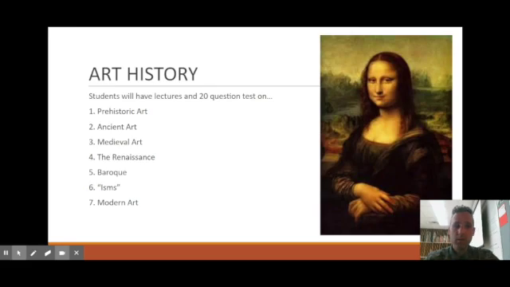We will cover and underlie throughout the semester art history, the basics of all art during art survey. So we'll start with Paleolithic time periods, then into Meso and Neolithic, the Stone Ages of the prehistoric time period, the oldest of all artwork, and work our way through time. We'll then talk about the Sumerians, Egyptians, into the Greeks and Romans, and then into the Dark Ages, the medieval time period.